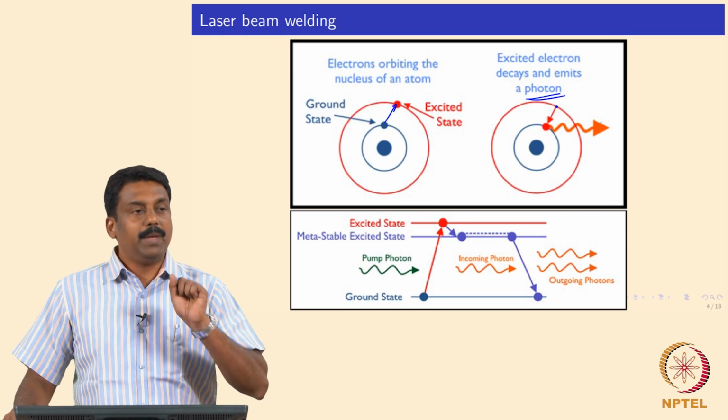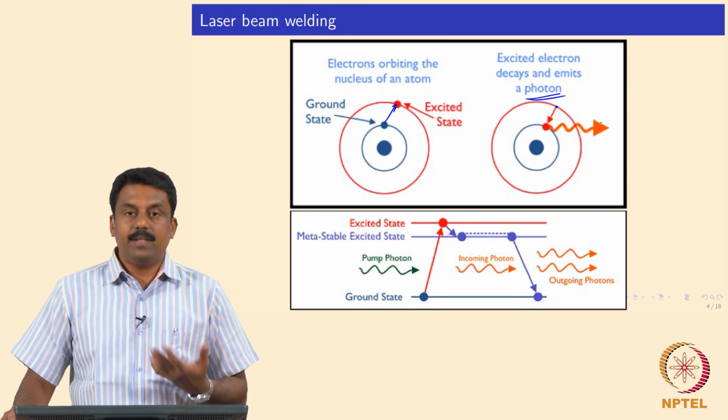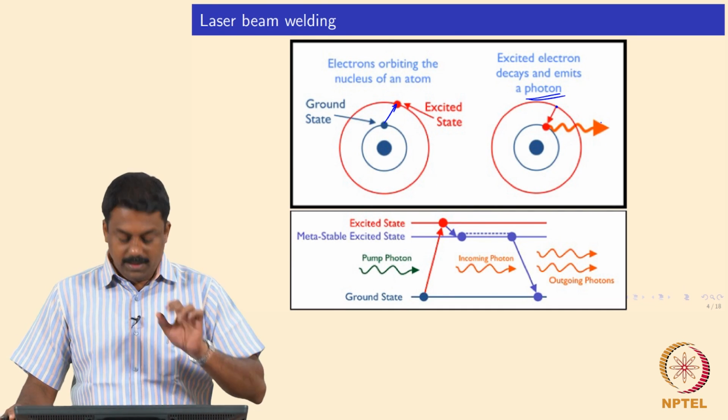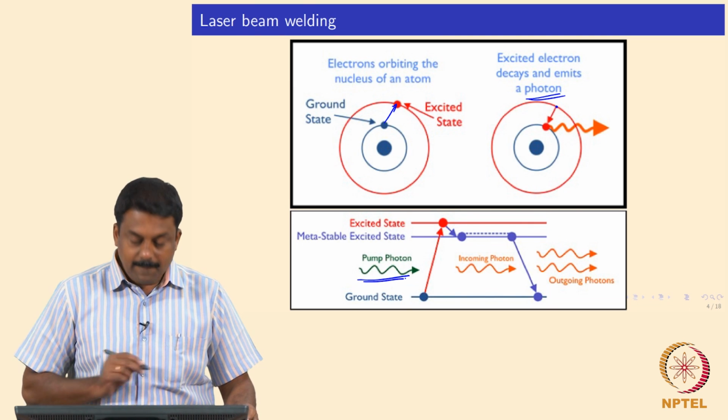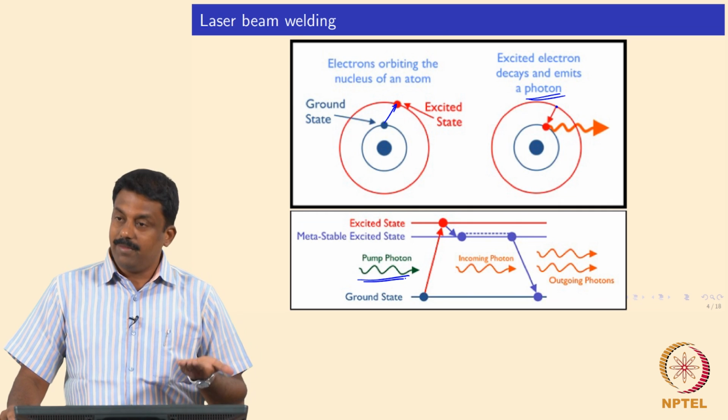So the main idea behind this process is that we give some energy, which is known as pumping energy or pump photons. The pumping energy can be given by another laser itself.